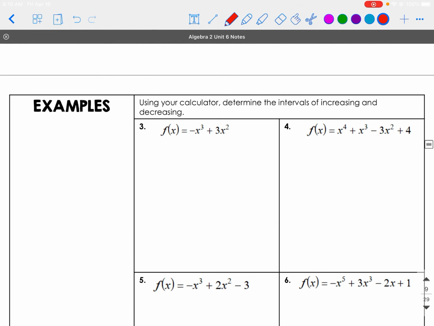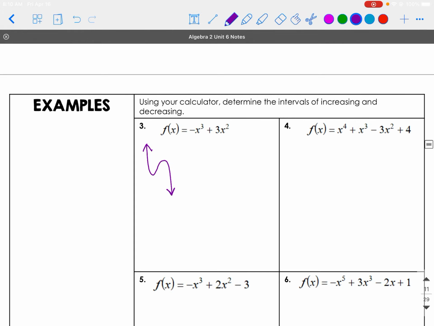I do want you to sketch out the graph. So in my y equals negative x cubed plus 3x squared, the graph looks like this.